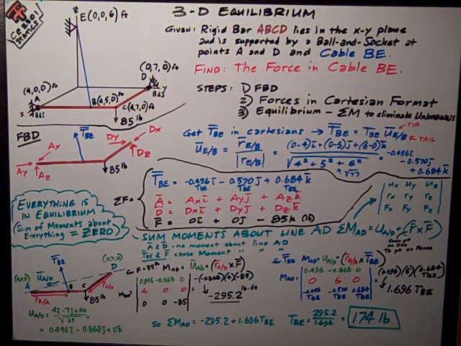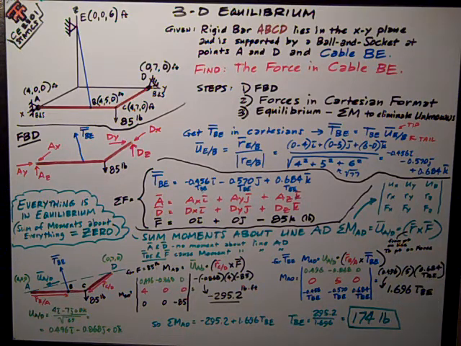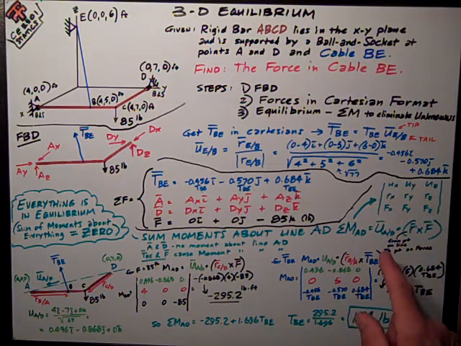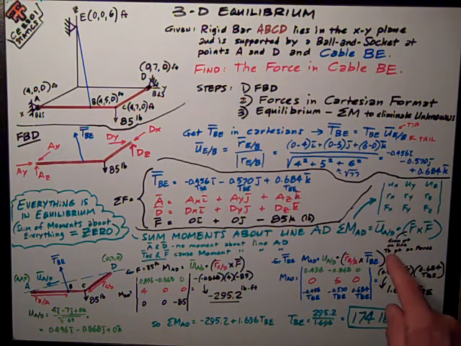The general format is a 3 by 3 determinant, where on the top row I have the unit vector representing U_AD, dotted with R cross F. And remember that R, the position vector in this cross product, can be from any point on the line I'm taking moments about, to any point on the force. So I want to use that efficiently to get the simplest position vector I can, and you'll see that here, so I have as many zeros in my determinant as I can get.